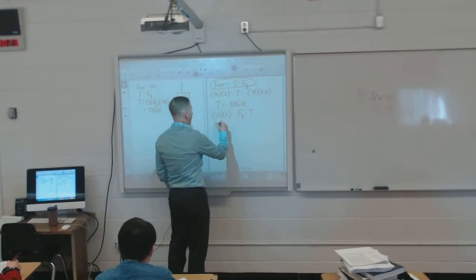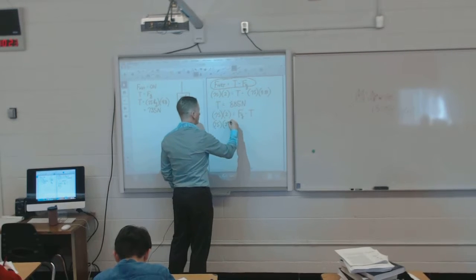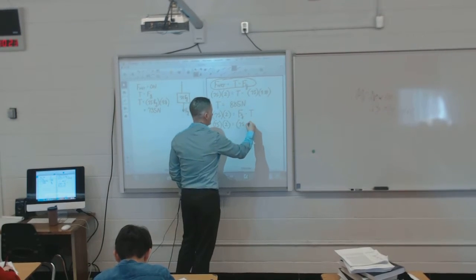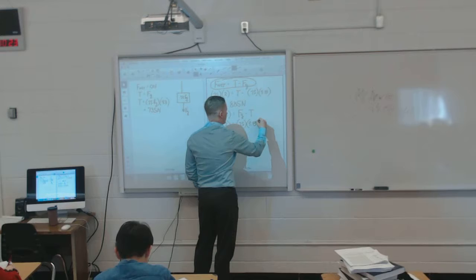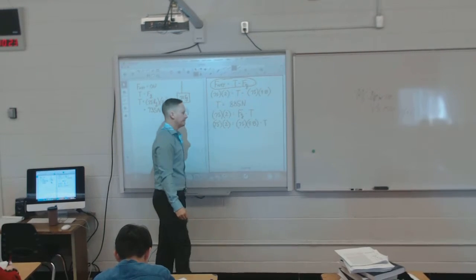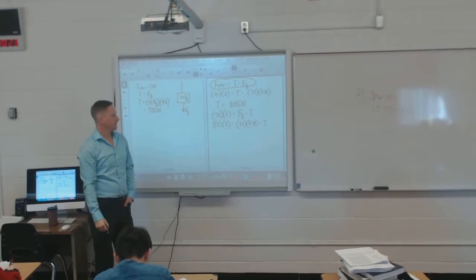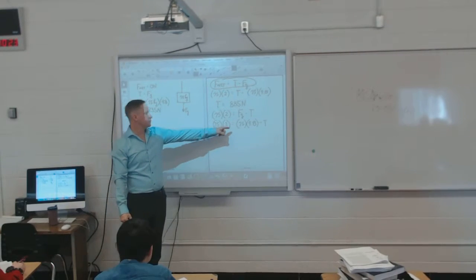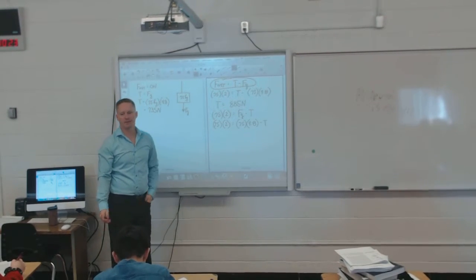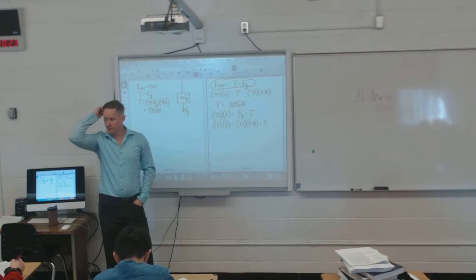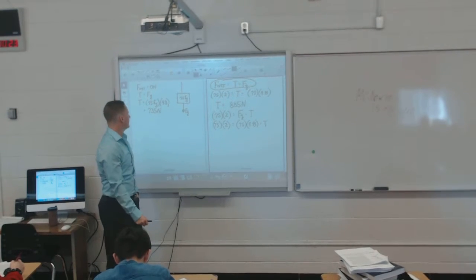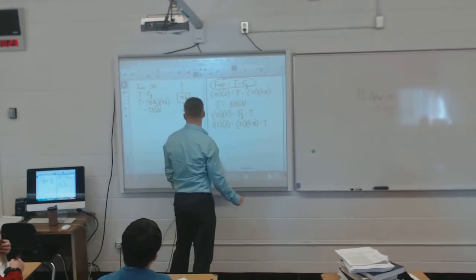So I've got 75 times 2 equals 75 times 9.8 minus my T. So now I'm going to subtract 150, subtract 735.